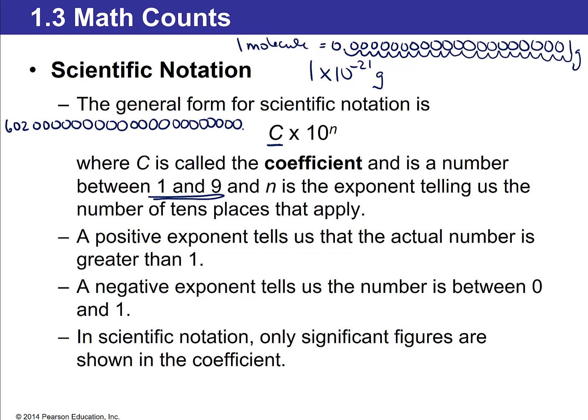So you start on this end, 1, 2, 3, up to 23. So it'd be 6.02 times 10 to the 23rd. So notice here the number is a positive exponent, which indicates a really big number, greater than 1. A negative exponent is showing a really small number, much smaller than 1.